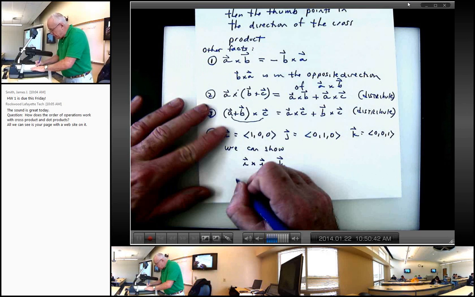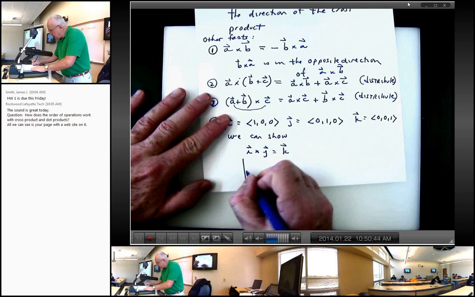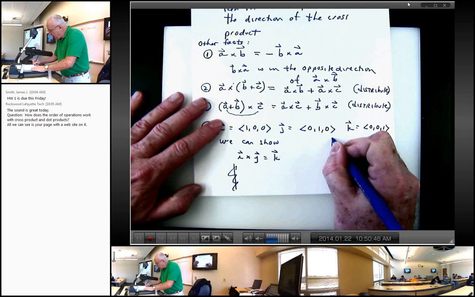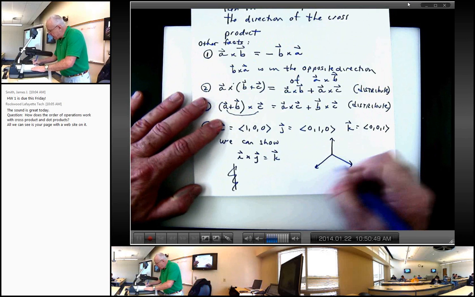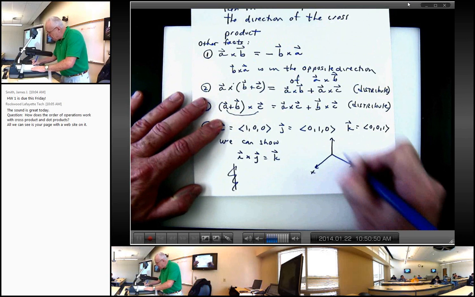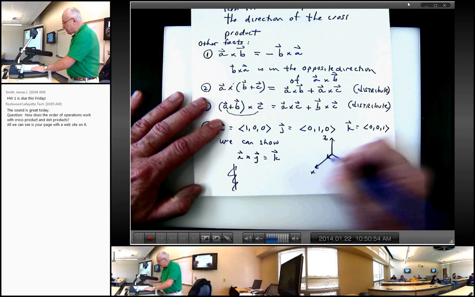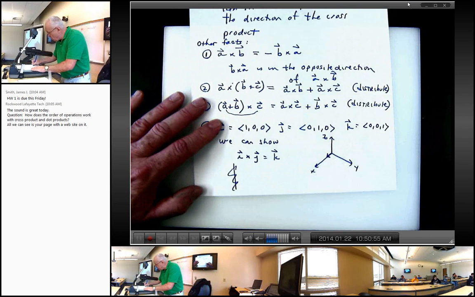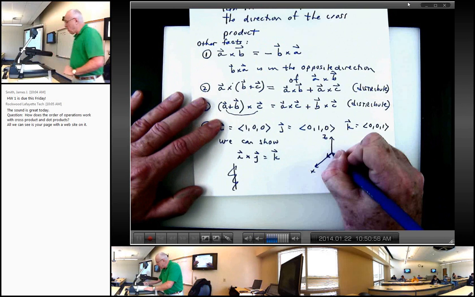So in other words, here's X, Y, and Z. So we have I in the X direction, that unit vector there. J is in the Y direction.